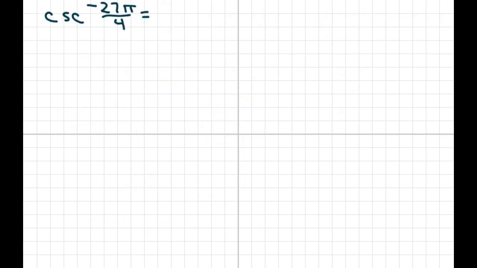All right, here we have cosecant, which is the reciprocal of sine. We'll do the same thing. First I'm going to make this coterminal by adding 2 pi, which is 8 pi over 4.